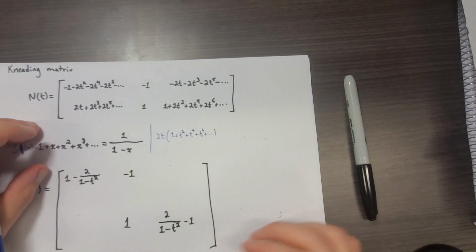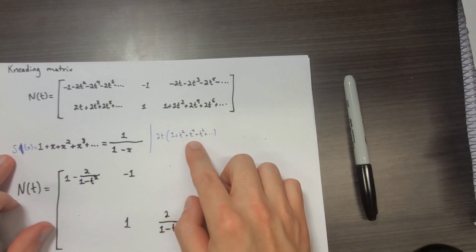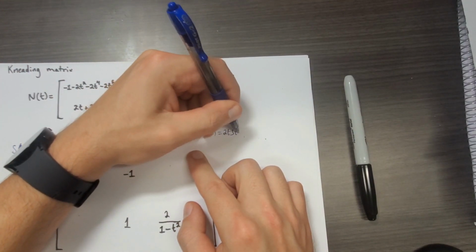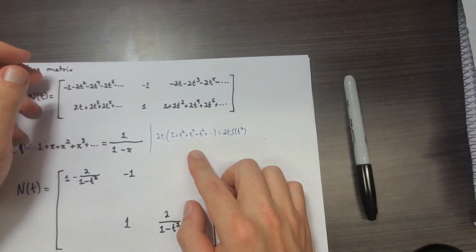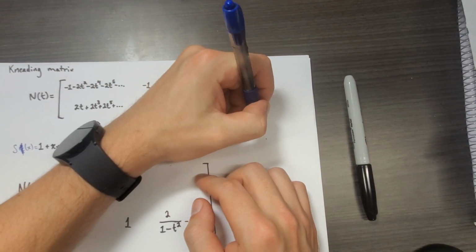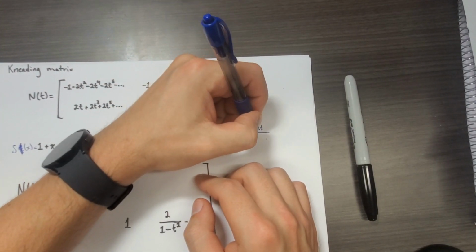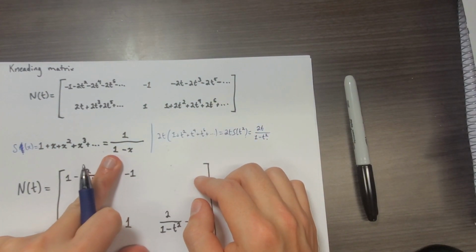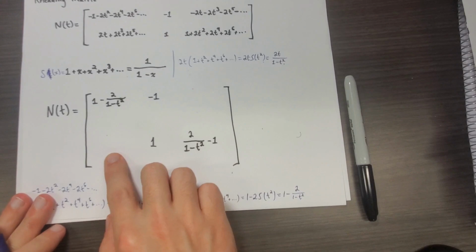Well, again, this is s of t squared, which is equal to 2t over 1 minus t squared, using this. And so that's the expression for this bottom left entry.